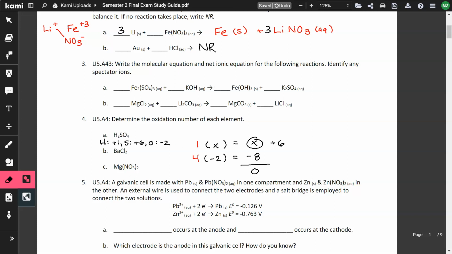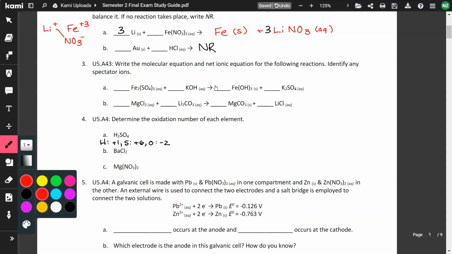All right, the next one, we have BaCl2, barium chloride. So same thing. We have Ba, we have Cl. We have 1 barium and 2 chlorines.